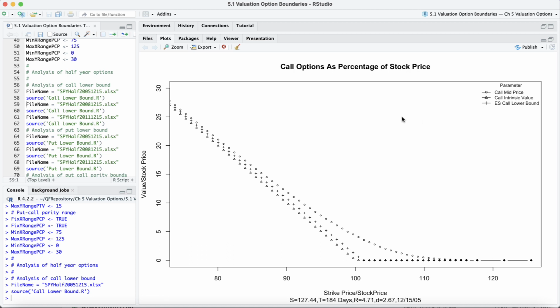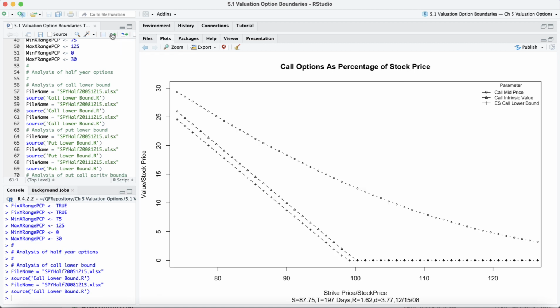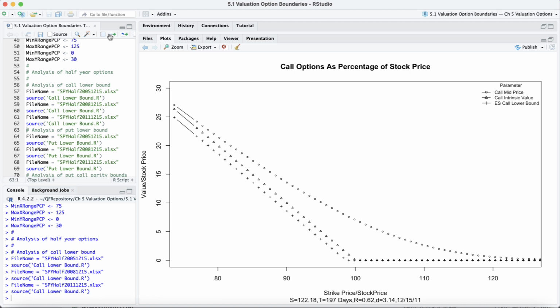These are American style options, and so you'll notice that this is asymptotically going to the highest lower bound or asymptotically going to zero. And so I can run this on several different dates, and you get different results depending on whether it's a high stressed point in time like December 15th, 2008 was a rather high stress time, and then going back to normal markets, it's lower.